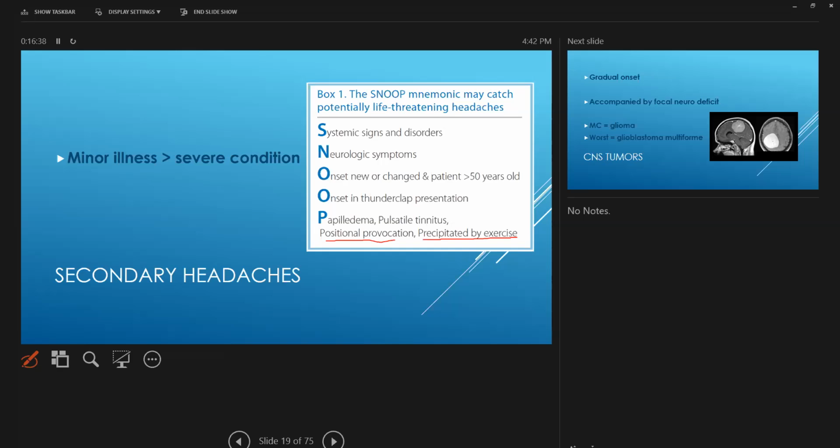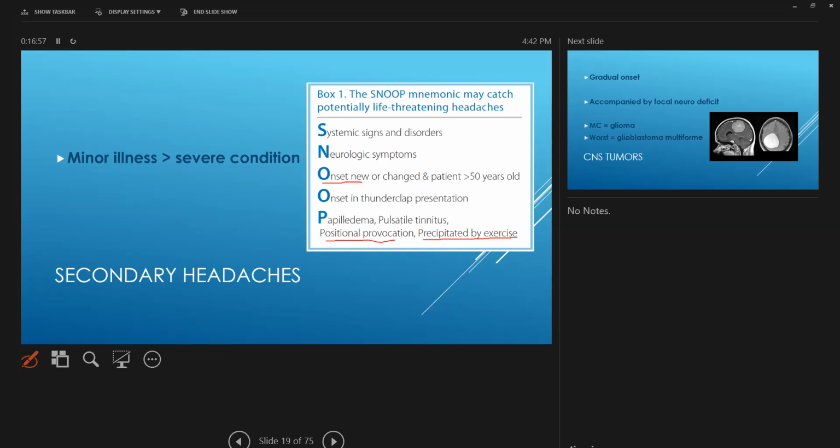And anyway, the SNOOP criteria, so new onset. I had a kid that came in to the emergency department, a 26-year-old kid, terrible headache, but he had never had headaches before, and the headache started that morning at about 3 a.m. and woke him from sleep.